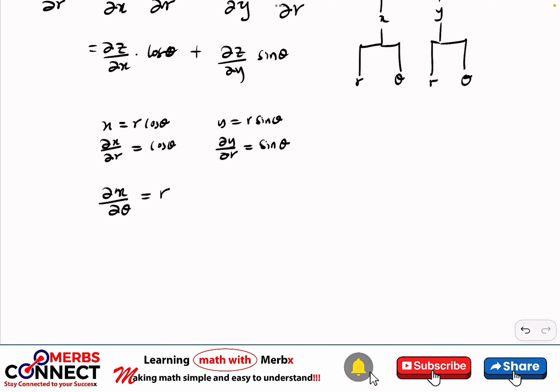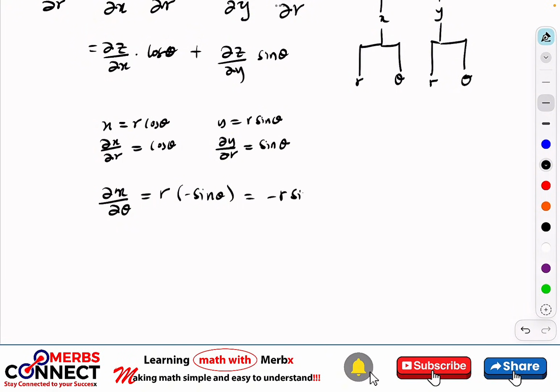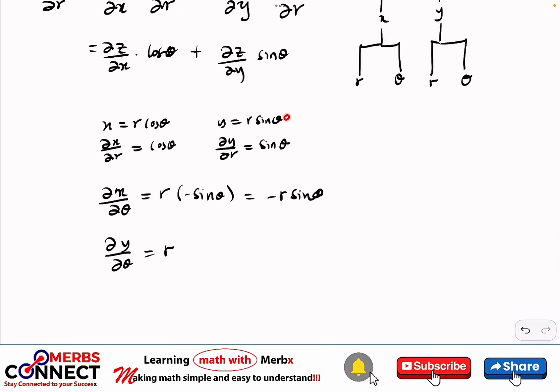And when I differentiate cos, I'm going to have minus sine theta. So this is going to be minus r sine theta. Then when I differentiate y with respect to theta, r is constant, and when I differentiate sine, I'm going to get cos. So this is going to be this. We are going to use this below.